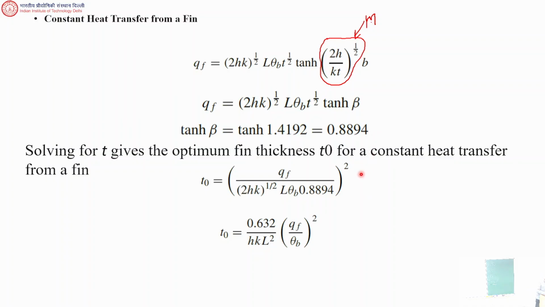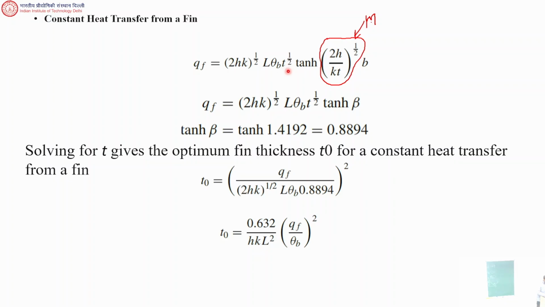Now, how do you get the optimized fin thickness? So the optimized fin thickness will be obtained from this expression. So we do this tanh expression, we just use 0.8894. This whole thing becomes 0.8894. And this has got a t to the power half.